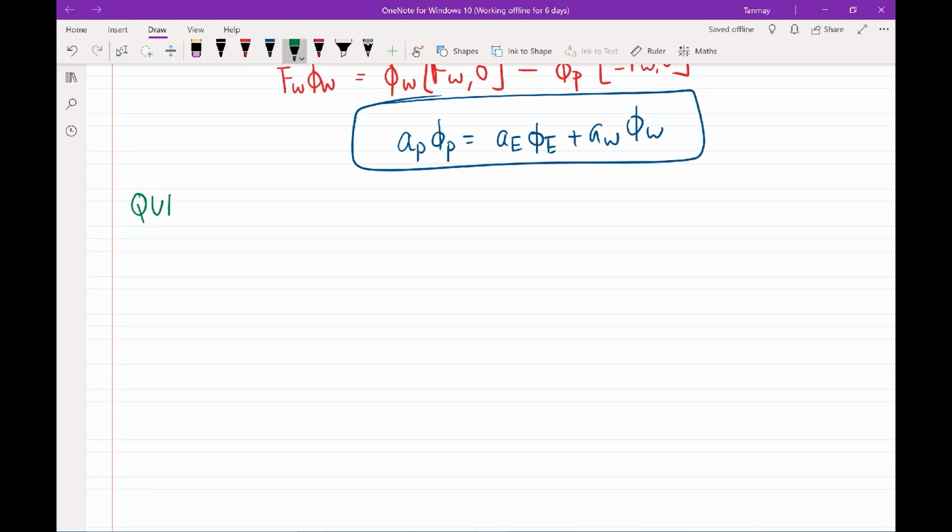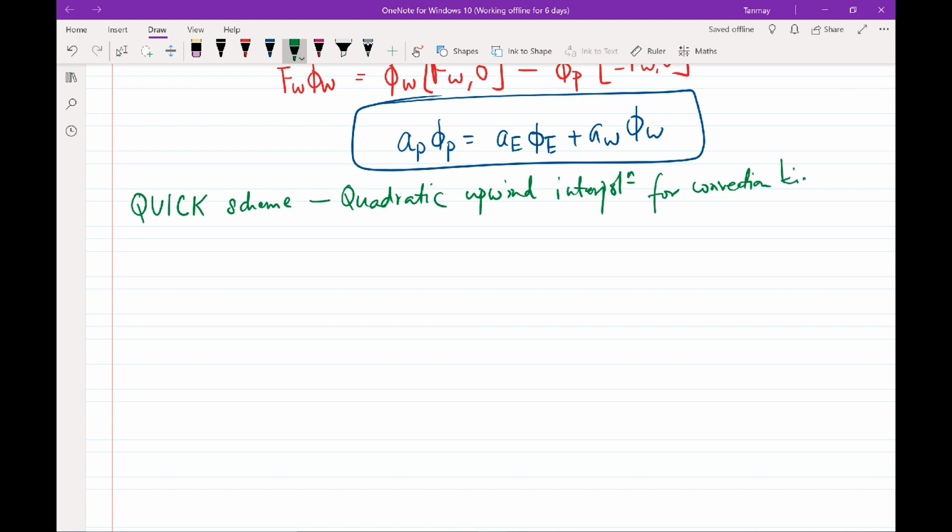I'll give you what it stands for, and with that you'll also get an idea of what it would be. The QUICK scheme stands for quadratic upwind interpolation for convective kinematics.